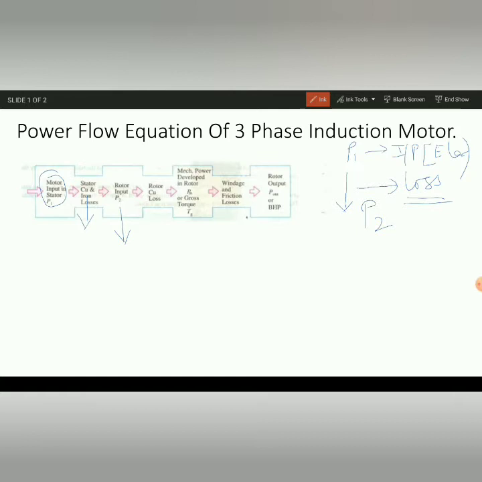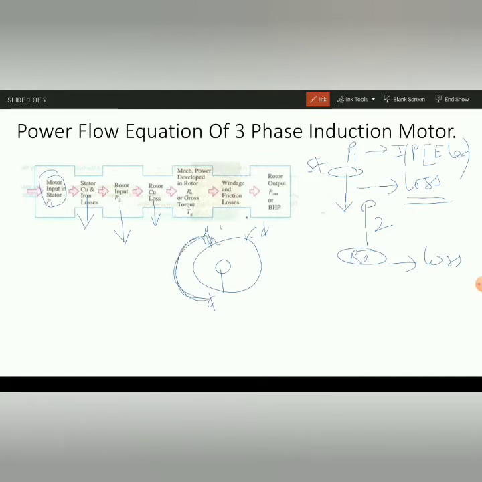P1 was given to the stator, and now P2 will be given to the rotor. In the rotor we again have loss, but here only copper loss is mentioned. Already we have seen in the equivalent circuit diagram that the stator flux phi and the rotor flux phi 2 dash cancel each other.